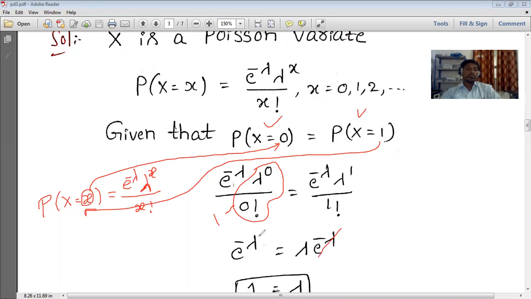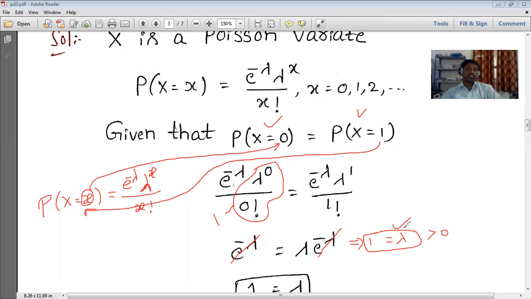Here e power minus lambda on both sides will cancel. So what about remaining? In the left side only 1, and in the right side only lambda. So it means lambda is equal to 1, which is greater than 0. So this is the condition we used for calculating the value of lambda. Got it? So lambda value we got here.